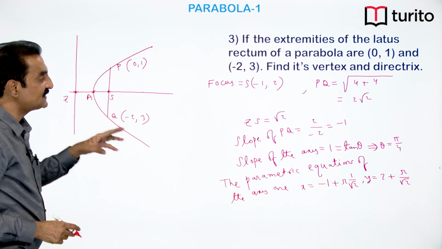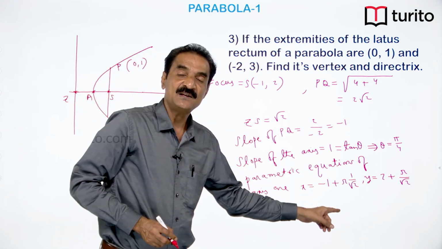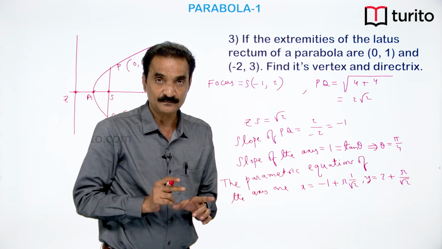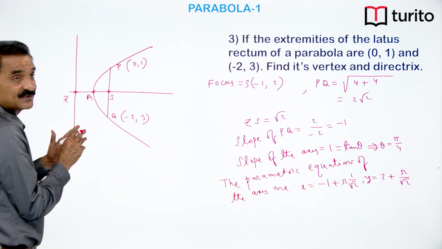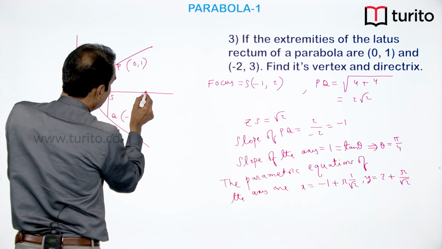Distance of Z from S is how much? ZS is root 2. So, if you take r is equal to root 2, you will get a point at a distance root 2. But there will be 2 points at a distance root 2, one this side, another this side.